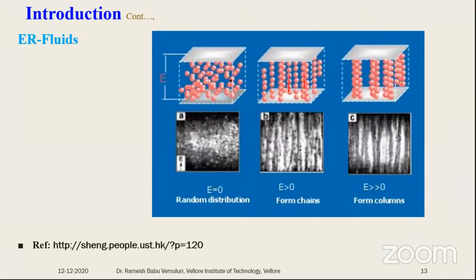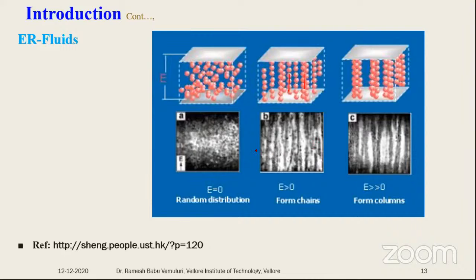Till now it behaves like a fluid, and once we apply an electric field it will behave like a solid. Once we apply more electric field, it forms a complete solid. So in this way we can see the complete state changing from a normal fluid to a solid.